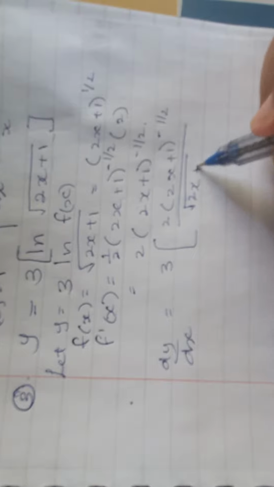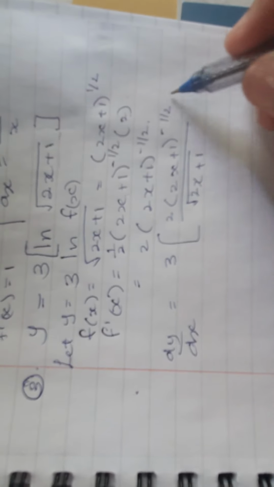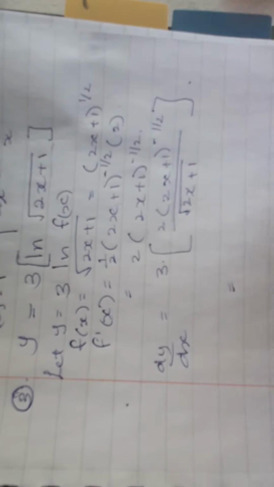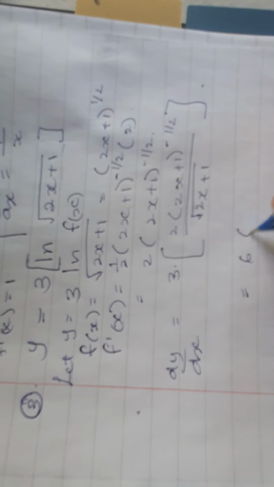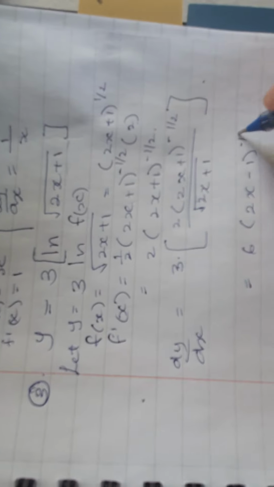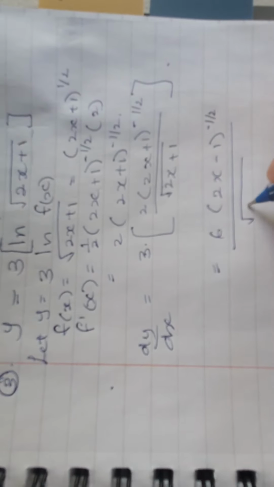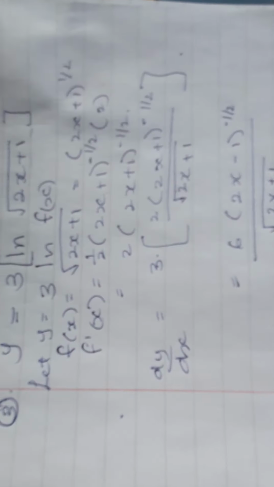Remember f of x was this here. We wouldn't put it like this, we put it like this because it looks a little simpler, right? So it'd be 2x plus 1. Close the brackets, right? If you want, you could open back the brackets just to neaten up things, with this big bracket. So you could use 3 by 2 is 6, for a negative a half over the square root of 2x plus 1, and that's it.